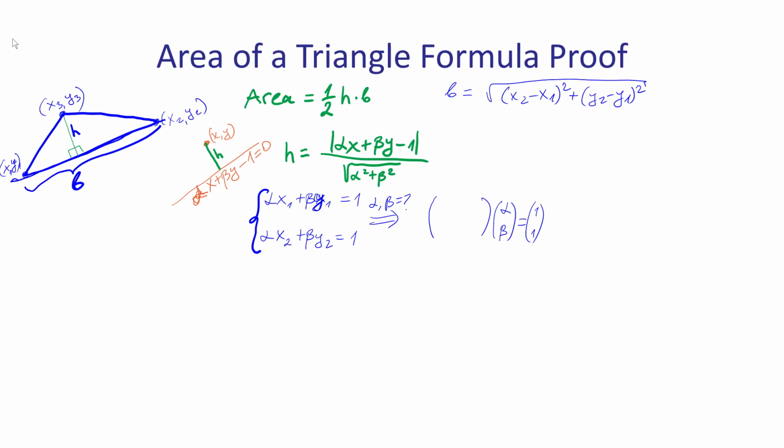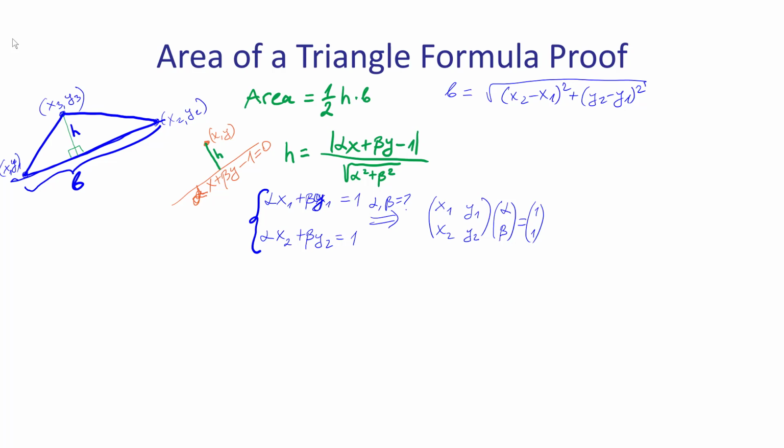So what are the coefficients of alpha and beta? The first one is x1 in the first equation, the second one is y1 in the first equation. Here you have x2 and y2. Remember that all of the x's and all of the y's are given because those are part of the definition of the triangle that we are talking about.